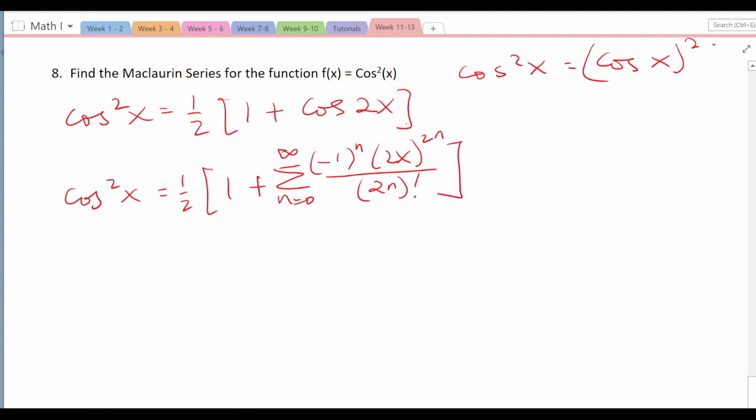And that is the Maclaurin series of cos squared x. Yeah, I think that's it for now. We will continue in another example.